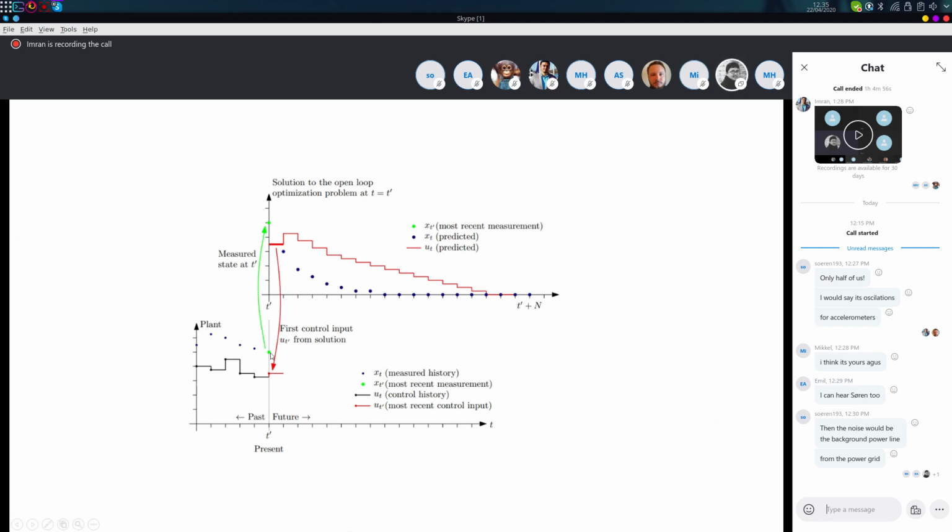So maybe when your sensor gives you this value, let's say 5.5, that is maybe not the actual position. Maybe the true one is 5.3, for example, because you have noise in your sensor.